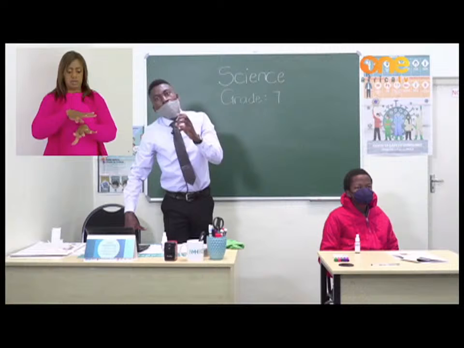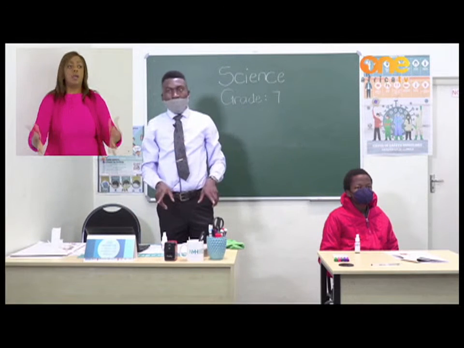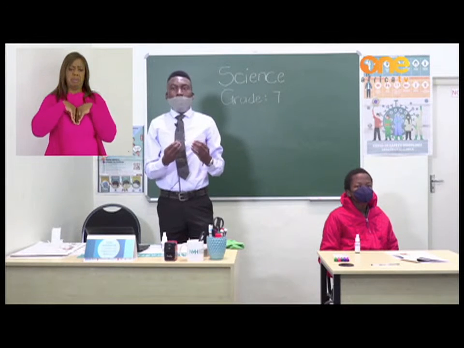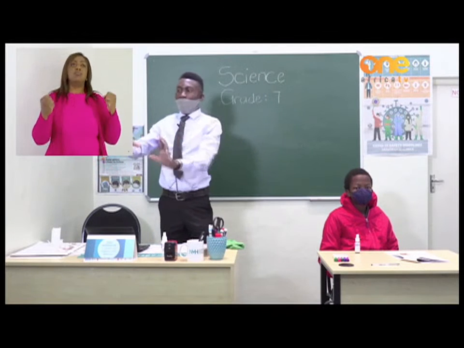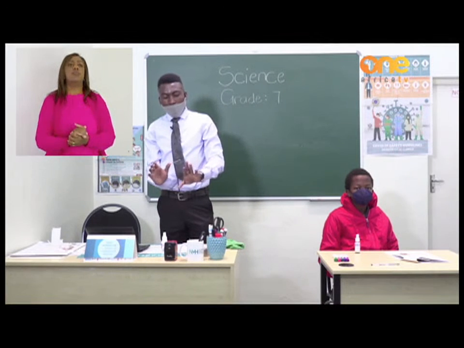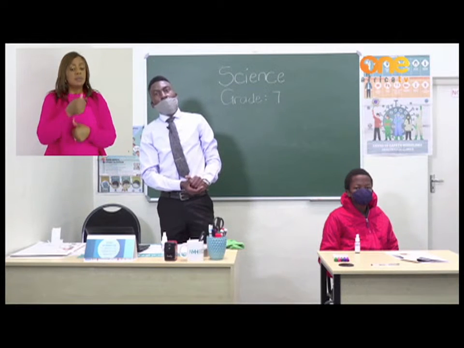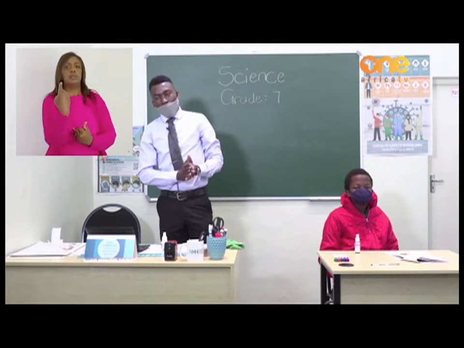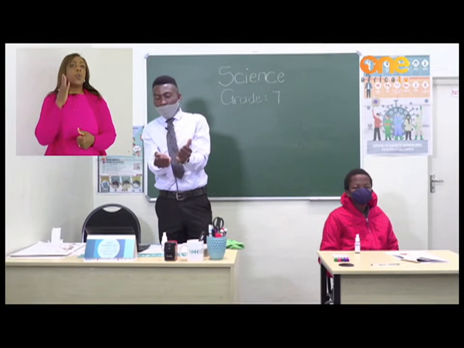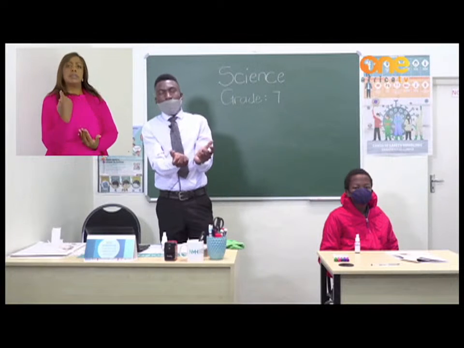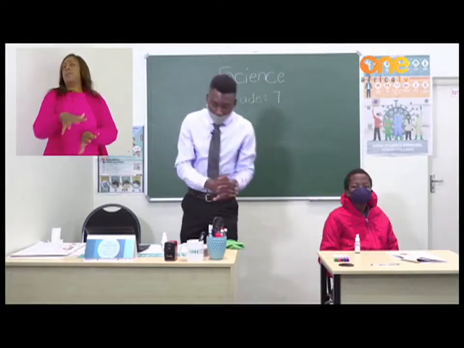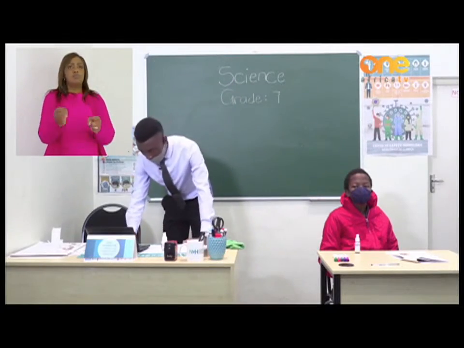Once HIV and AIDS enters your body, it attacks and destroys your body's immune system, specifically the white blood cells. These are the cells that protect our bodies from being infected by different viruses and more. However, when these cells are attacked, it means that our body's immune system will not be able to fight against different diseases.